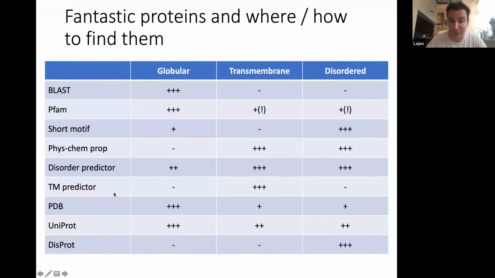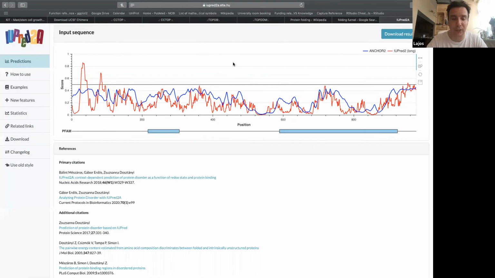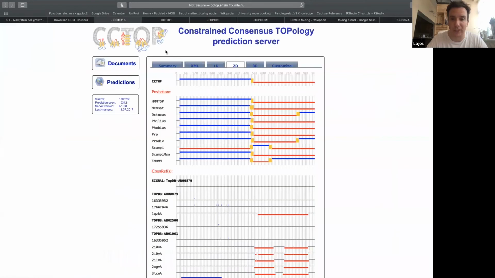Of course, there are transmembrane predictors, and I will show you a few. Actually, I can show you now. One I really like is CCTOP. I will speak about this later, but the first thing you have to find out is whether it is really a transmembrane protein or not, because if you put a globular protein into a TM predictor, it can easily be predicted as a transmembrane protein.